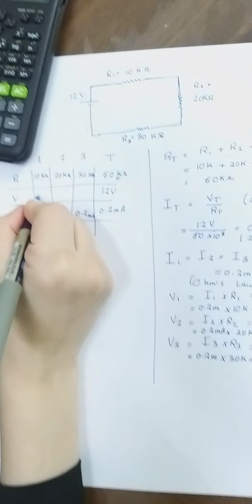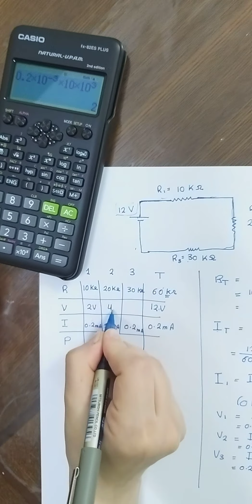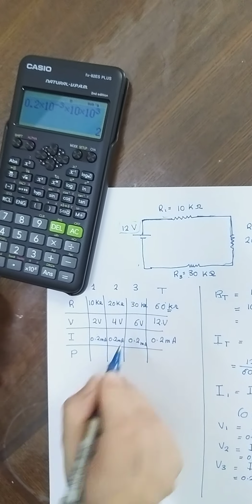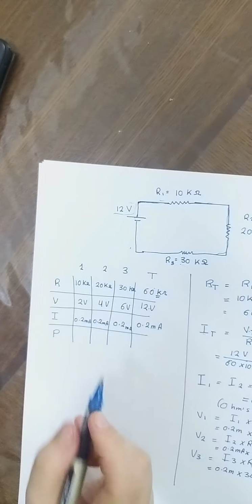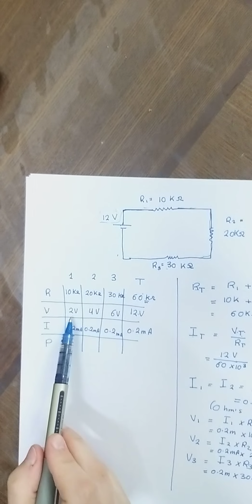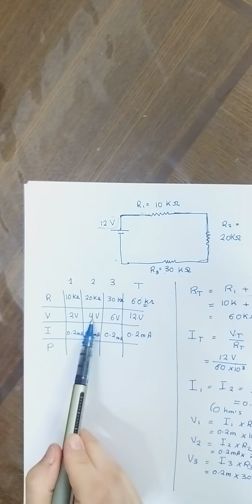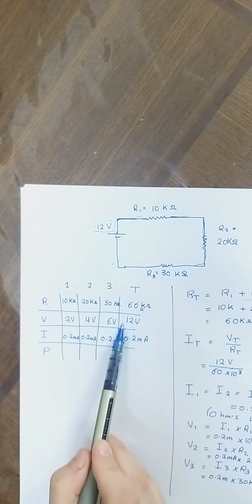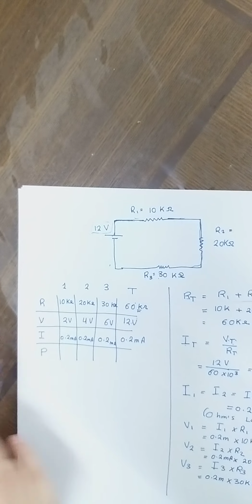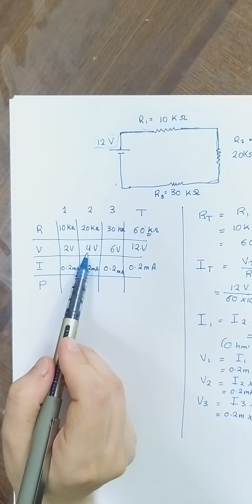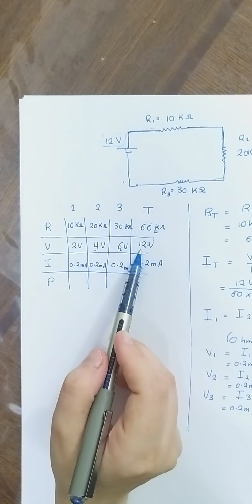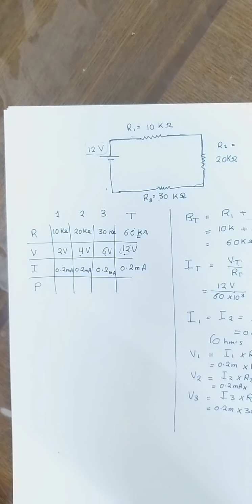So this is 2 volts, 4 volts, and 6 volt. To double check our answer, let's add the 2 and the 4 and the 6. We will get 12 volt, which is the total voltage. So 2 plus 4 plus 6 will be equal to 12, which is the total voltage.